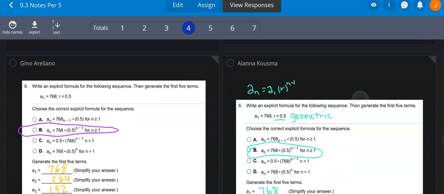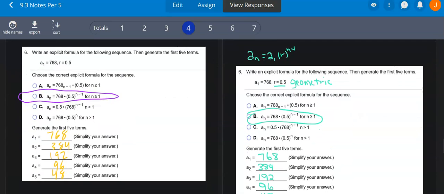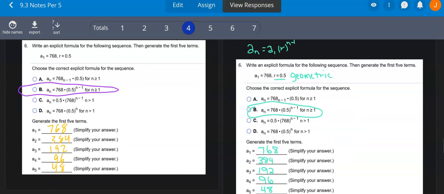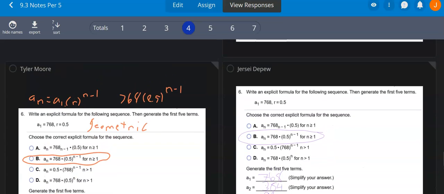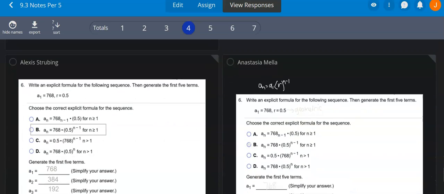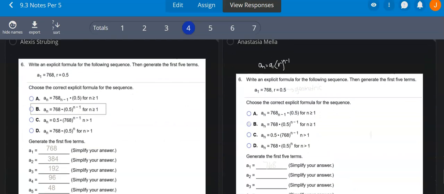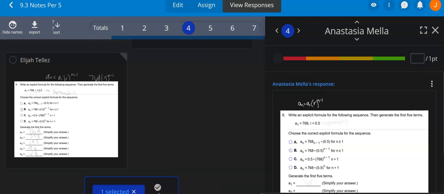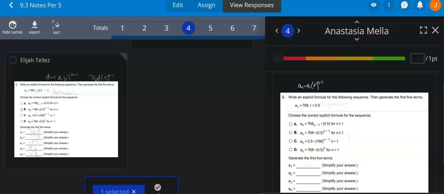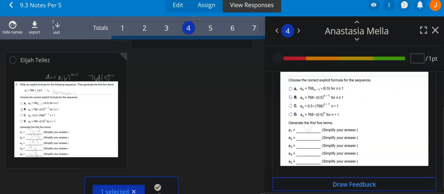Miss Bartholomew's doing well. Ariana's got it. Miss Kuzma's got it. Mr. Pugh already had it. Mr. Moore's on the right track. Oh, he's got it all. Struben's got it. Miss Maya, come on, multiply by 1/2 each time. Mr. Tellez has got it.